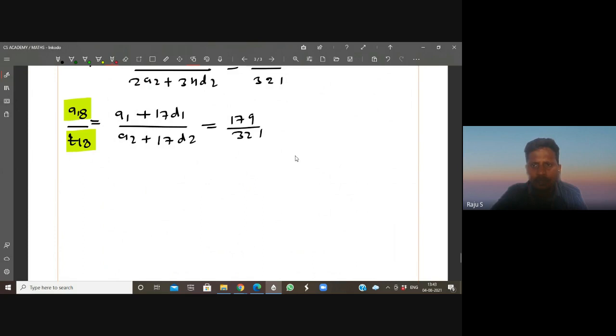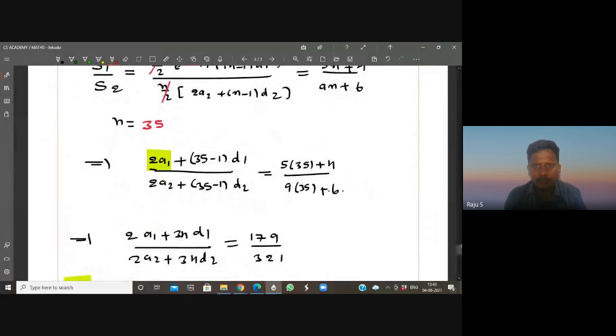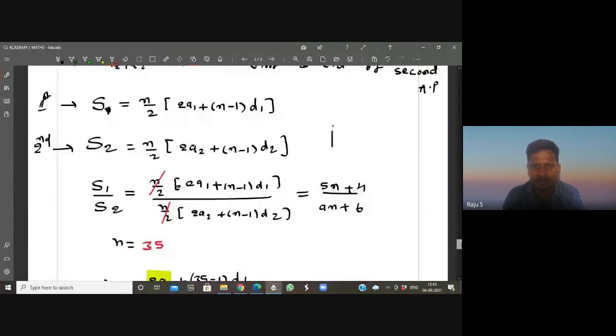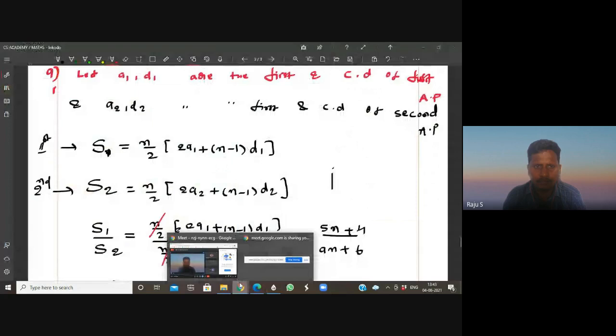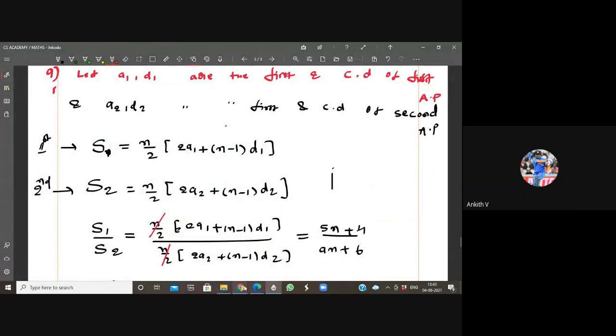Clear, students? Any doubt? I equated the ratio to 5n plus 4 by 9n plus 6. If you have any doubts, you can ask. Okay, next question.